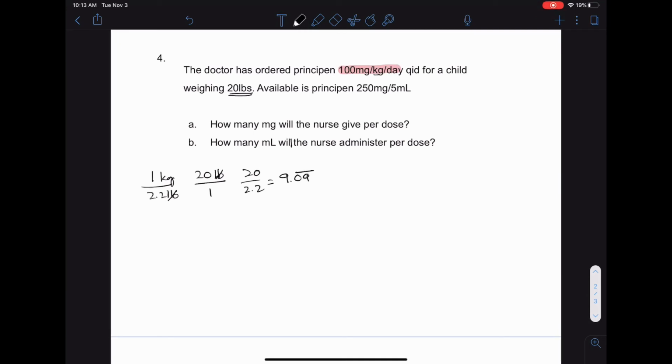Okay, so that's what goes here. We're going to multiply that times 100, because remember, for every 1 kilogram of weight, we're going to give 100 milligrams of medication.